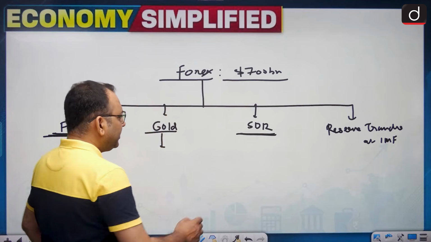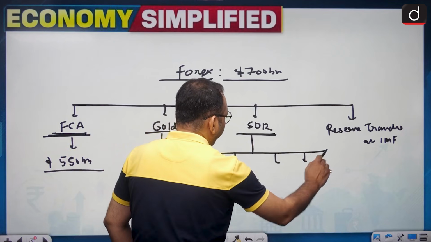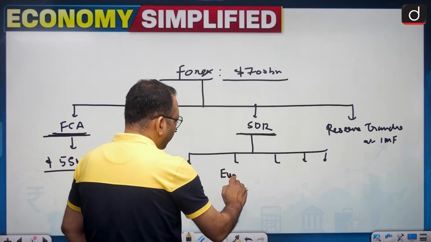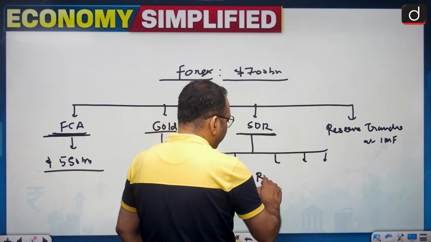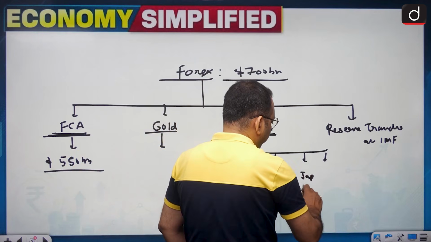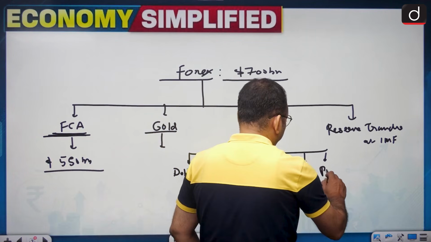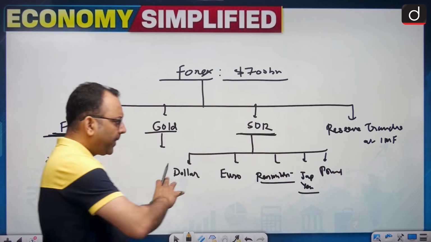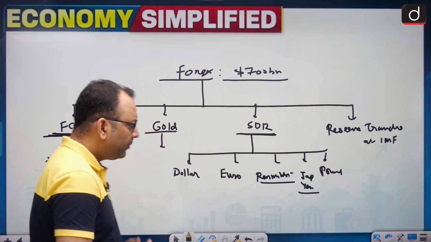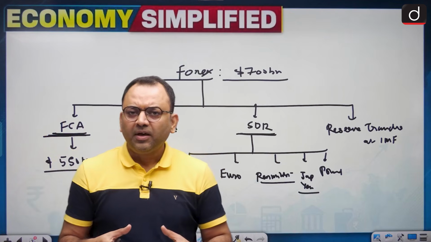You see, the SDR is a reserve asset which is based upon a basket of five currencies: the US dollar, the European euro, the Chinese renminbi, the Japanese yen, and the British pound. Based upon these five currencies, the value of the SDR is found, and the biggest share is the dollar, because the dollar is the most reserved asset in the world.